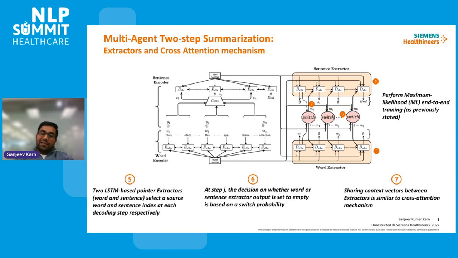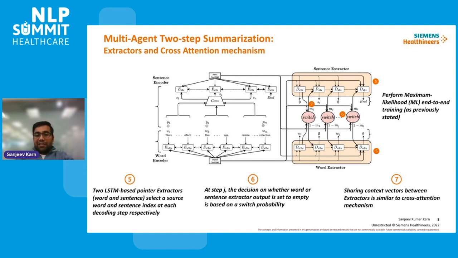So at every step, if the word extractor is extracting a keyword out of the report, the switch network signals the sentence extractor to pause its activity. Meaning it would not select any sentence out of the findings section of the report, and the word extractor keeps extracting the keywords.